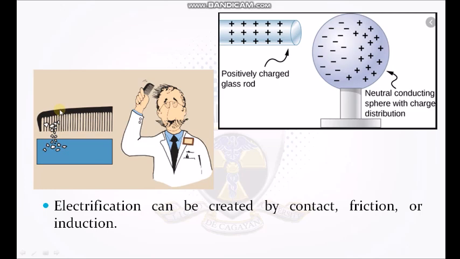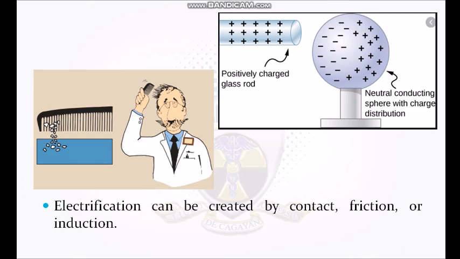That is a simple experiment we did as kids. We comb our hair briskly, and then try to attract the strips of paper on the table or desk. That is friction.